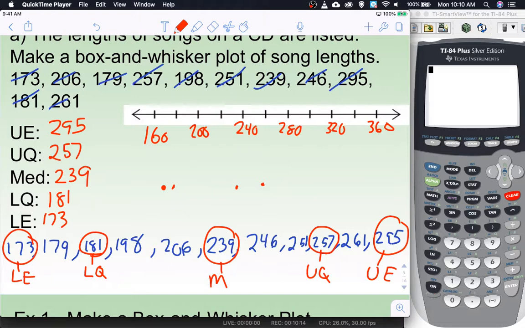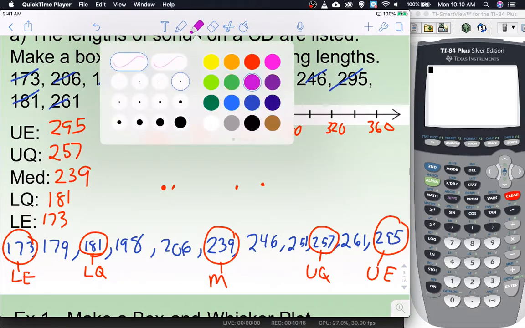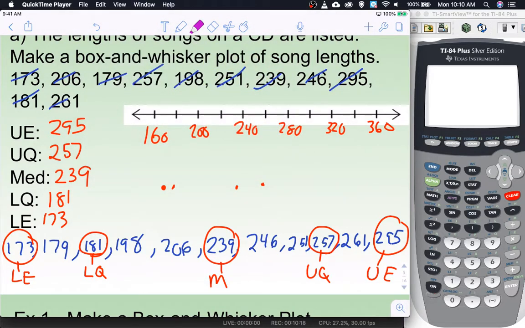295. Now, if you want, you could always do this whole thing. Like 295 would be right there. That kind of gets you more of a straight line, so you can see where your values are. I missed, didn't I?